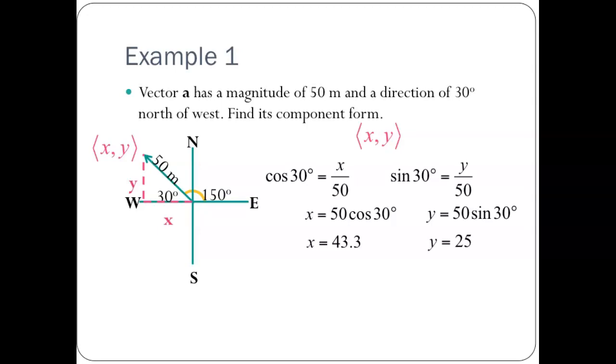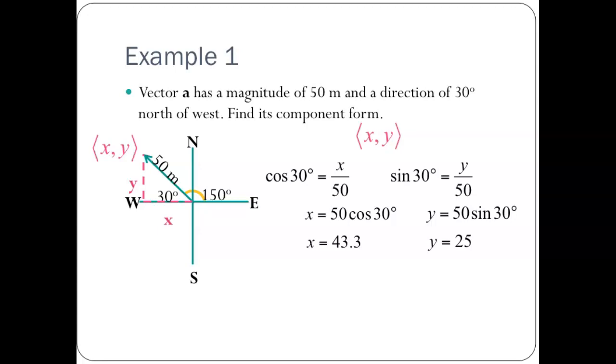And actually, you should know that y equals 25 without necessarily needing to do the calculation, because you know sine of 30 is equal to 1/2, right? So half of 50 is 25. Now, looking at the components, the x magnitude is 43.3, and the y magnitude is 25.